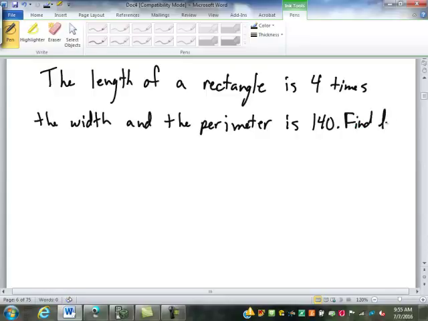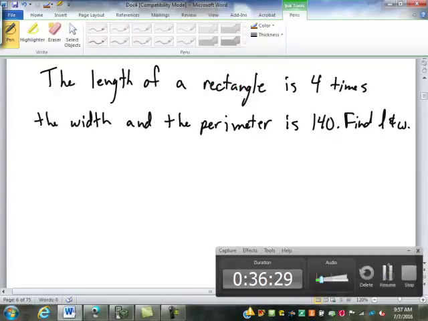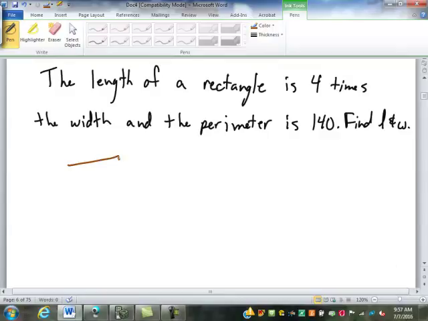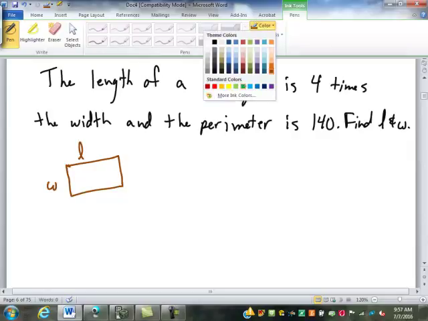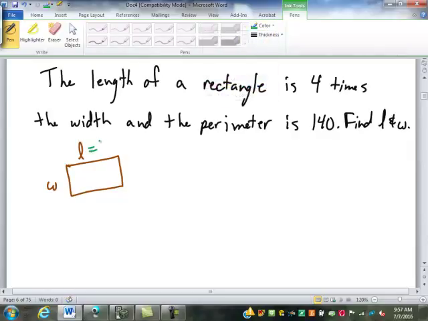Find the length and the width. See what you come up with for that one quick. So if I draw a rectangle and I label my length and my width, the relationship between them is that the length is 4 times the width. So L equals 4W, or 4 times W.